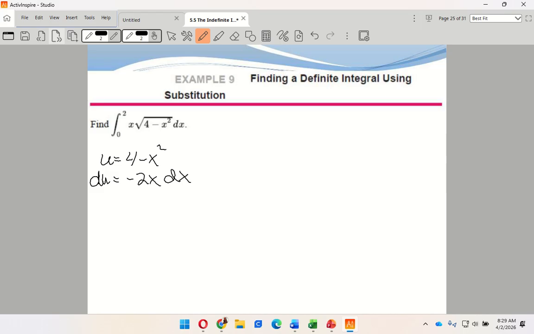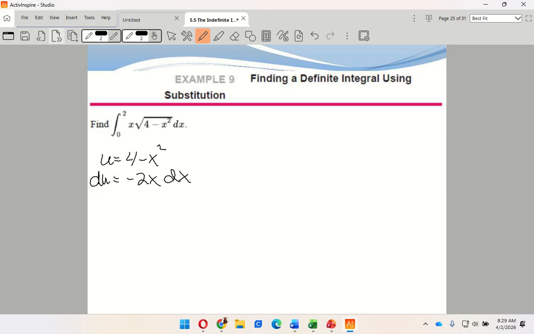And so what do I have to try and get rid of here? All the x's, right? And so if I have negative 2x dx, am I going to substitute all that, or do I have to move this around? Do I have a negative 2 in here?